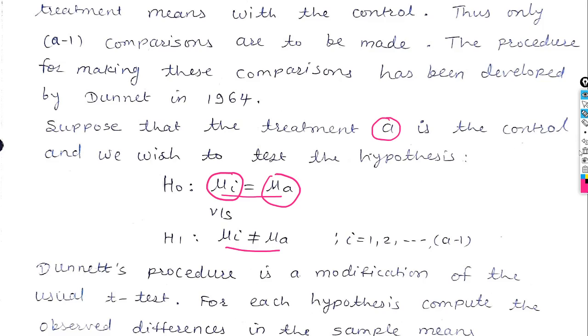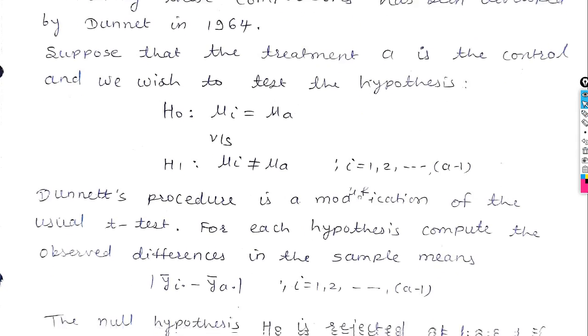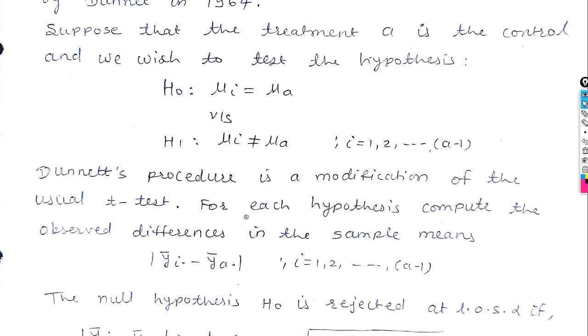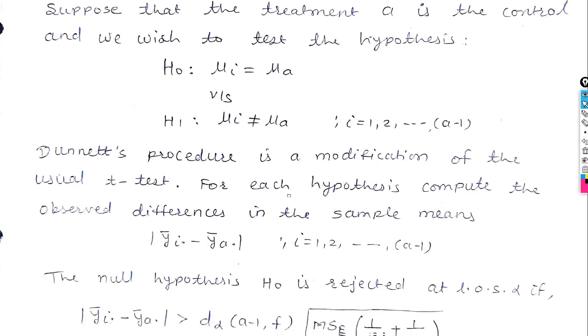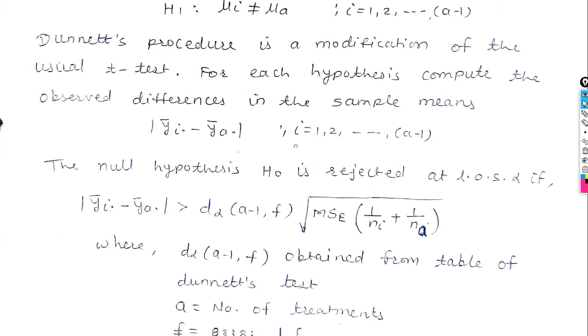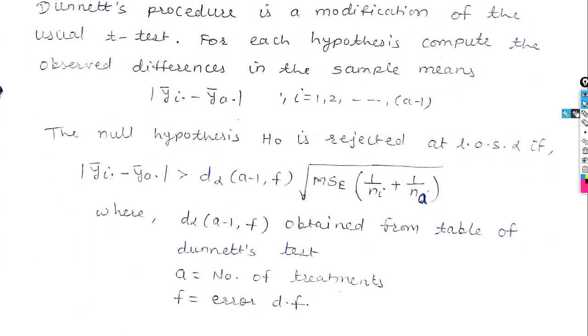To test this hypothesis, Dunnett's procedure is a modification of the usual t-test. For each hypothesis, compute the observed differences in the sample means. Take the absolute difference between the control treatment and the other treatment means.